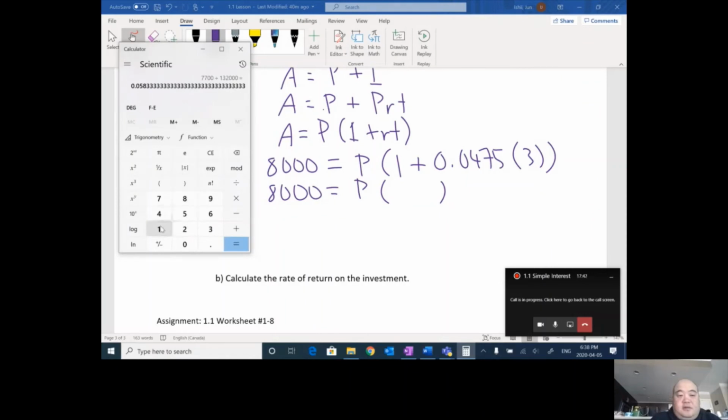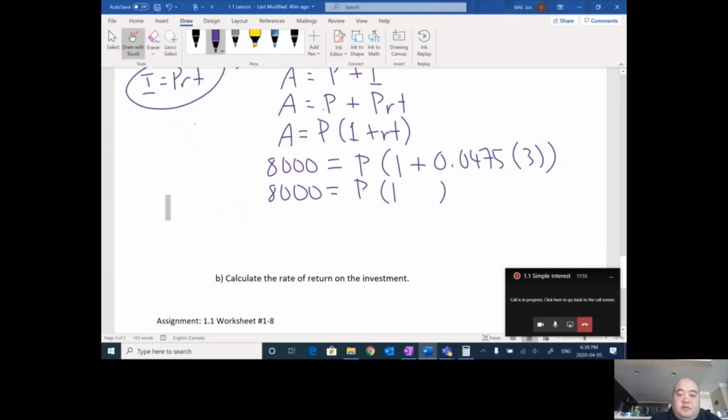So 1 plus 0.0475 times 3. I get 1.1425. Basically what I did there is I plugged this into the calculator. Again, I got 1.1425.